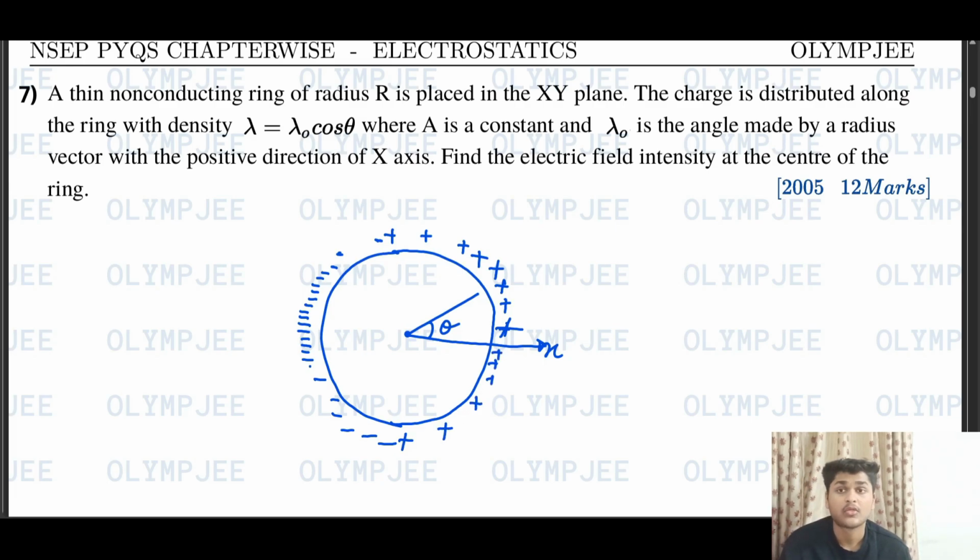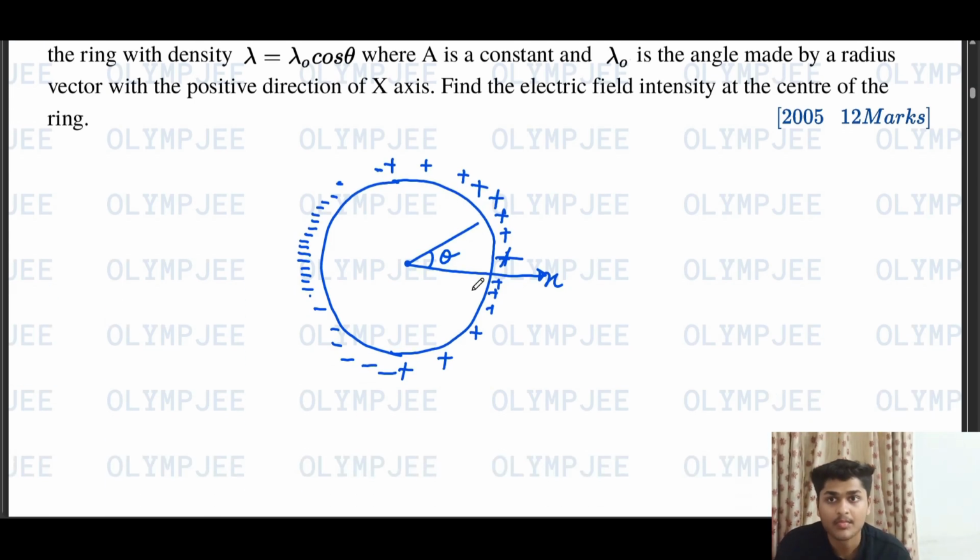Right? So we need to analyze the field at the center. We can see that due to this whole positive part, the positive fields in the y axis will get cancelled, right? Because if this is the field from here and this is the field from here, then these two will be equal if I'm taking the same theta and minus theta.